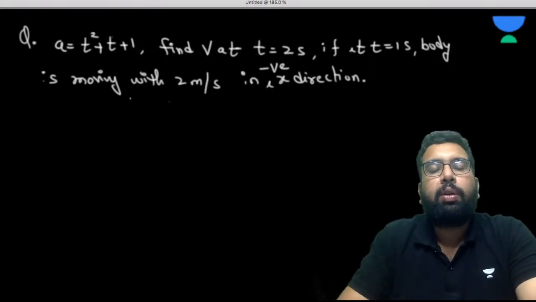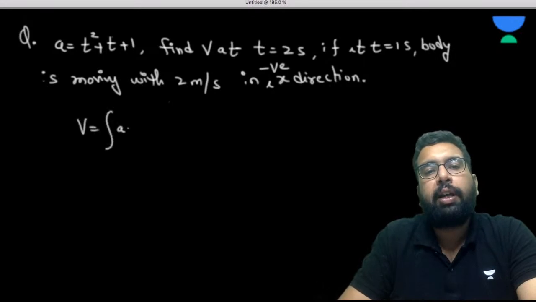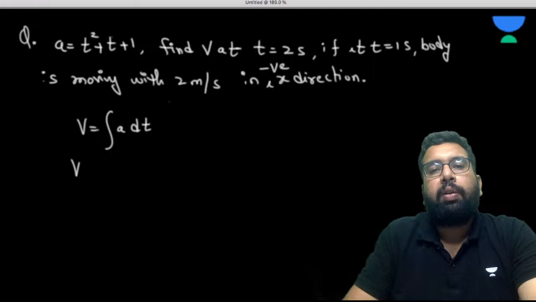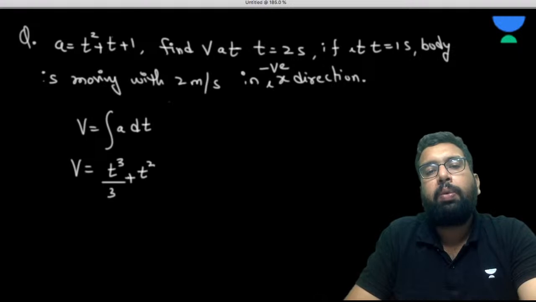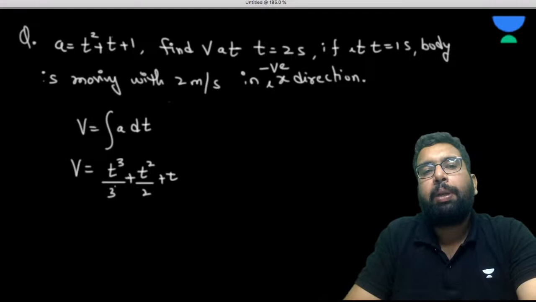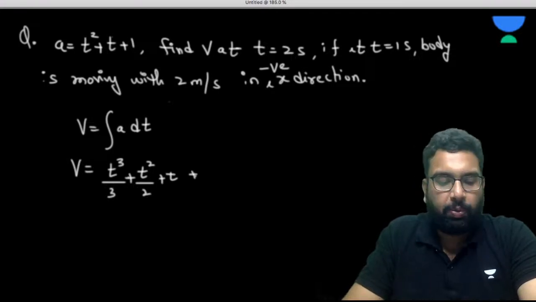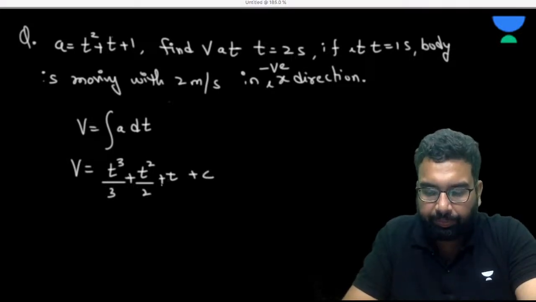So v is equal to integration of a dt. So it will become t cube by 3 plus t square by 2 plus t. Don't forget about the c, right?